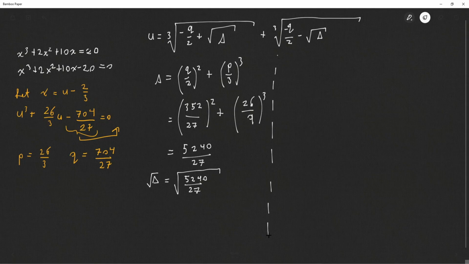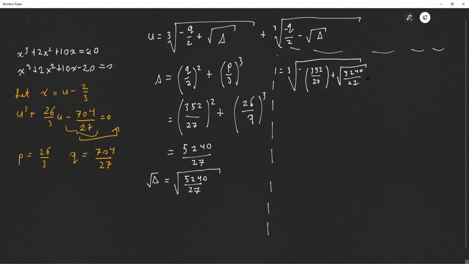So creating a little space on the side, we're going to have the cubed root of negative 352 over 27, just like it was for our q over 2 before, plus the square root of 5,240 over 27.